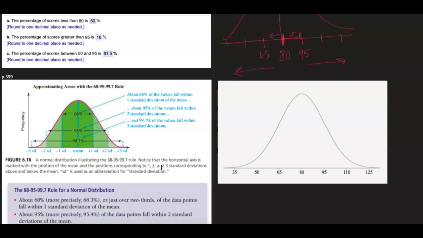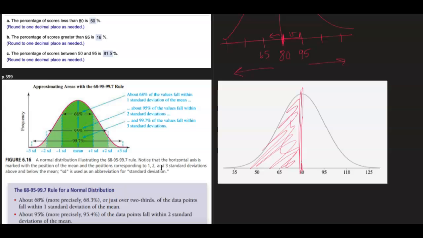So 80 falls here on this normal curve. And I'm looking for what percent of test scores fall less than 80. So in other words, this region.